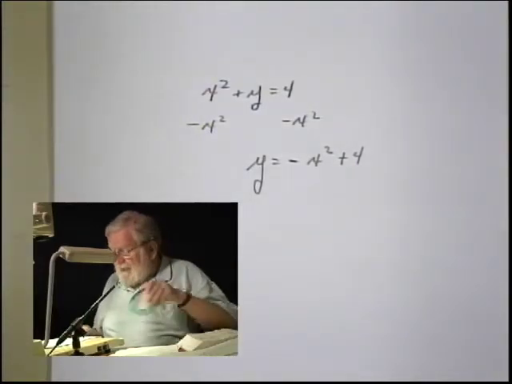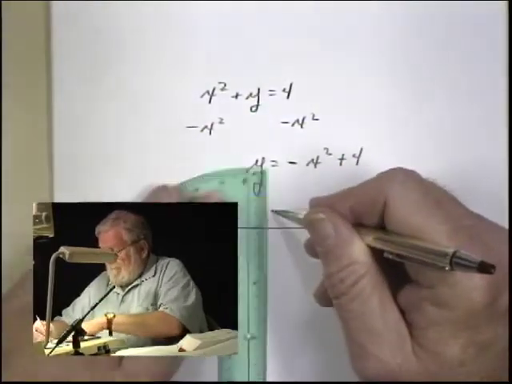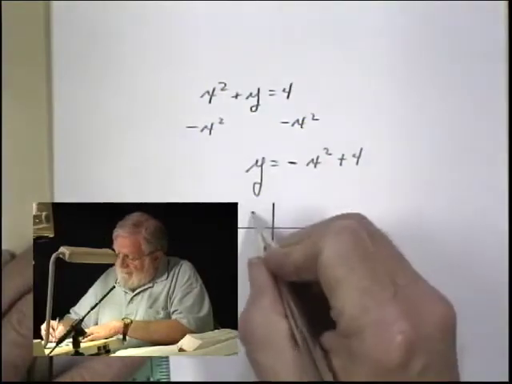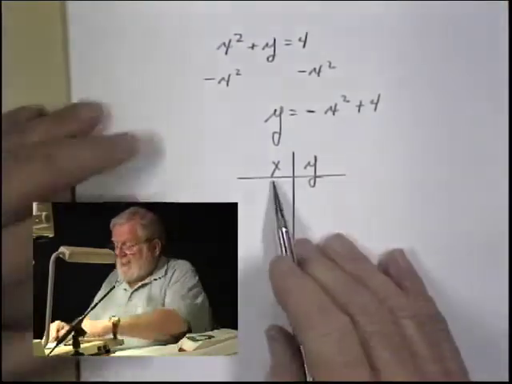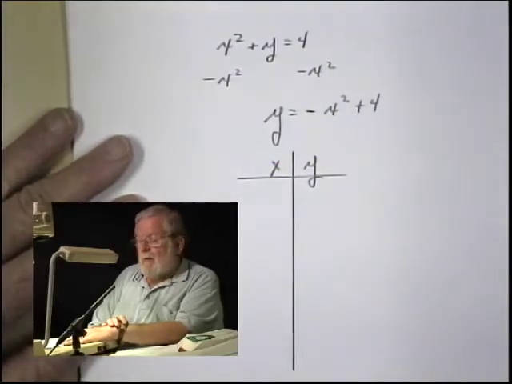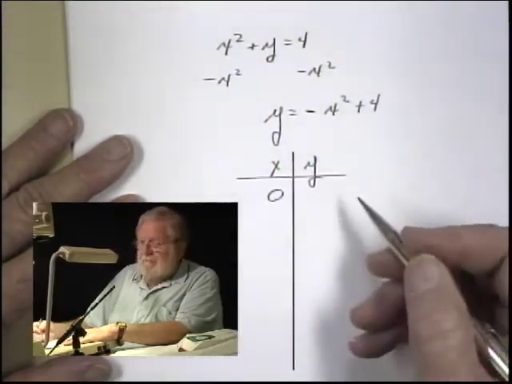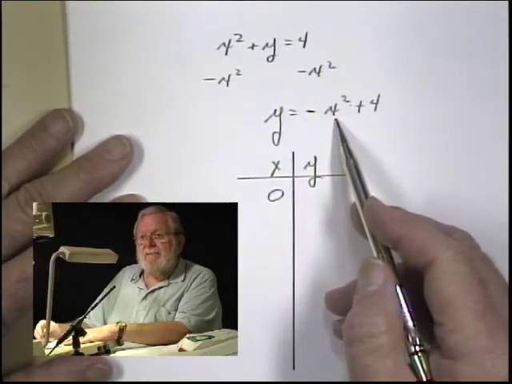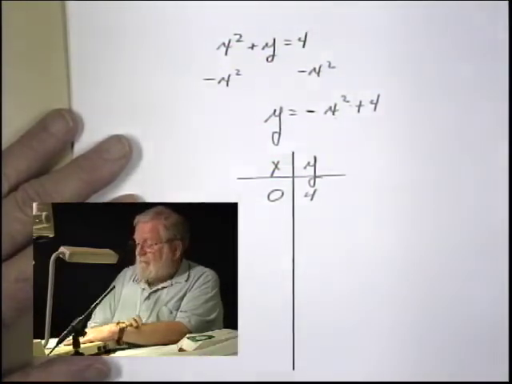So now we'll generate our table of ordered pairs by assuming different values for x and calculating what the y would be. So let's make x equal to 0. We'd have 0 squared, a minus 0, plus 4, y would equal 4.